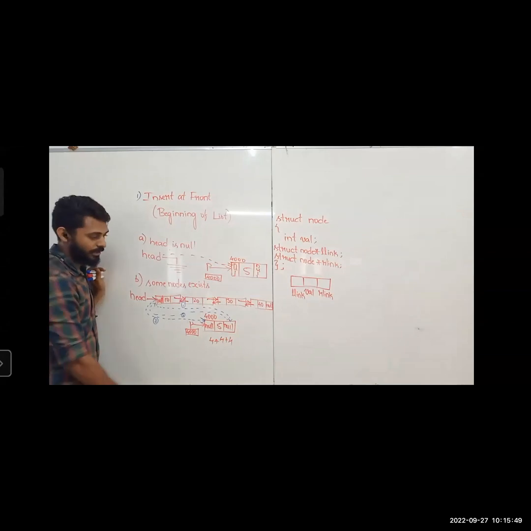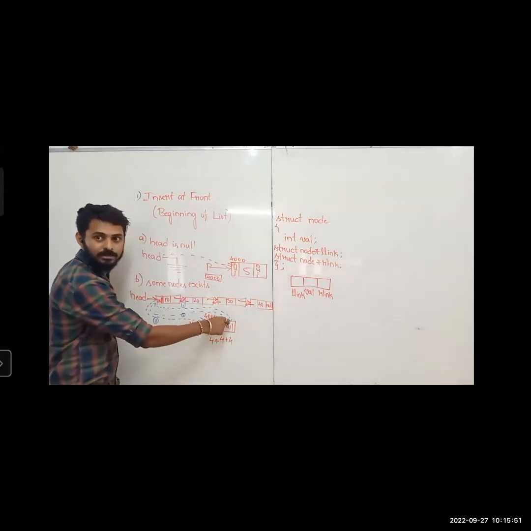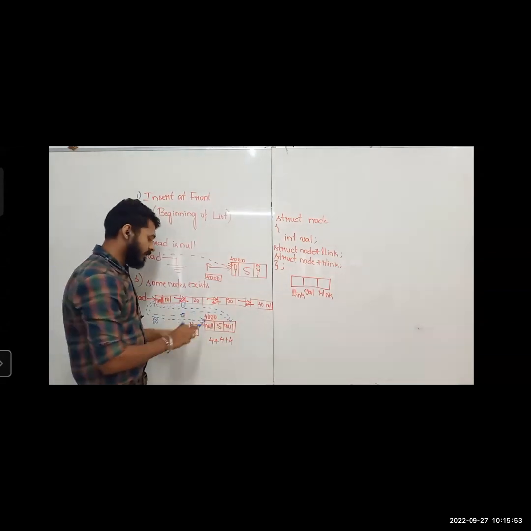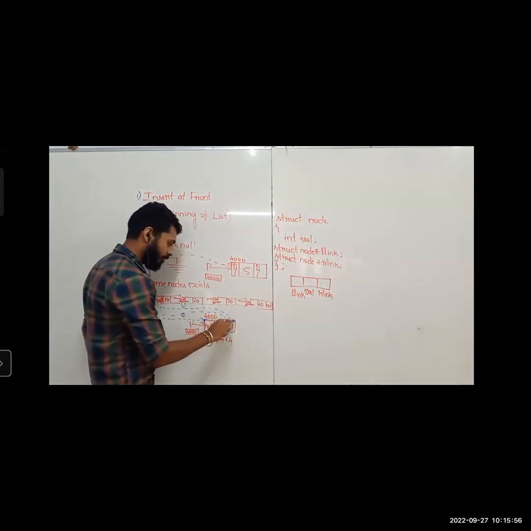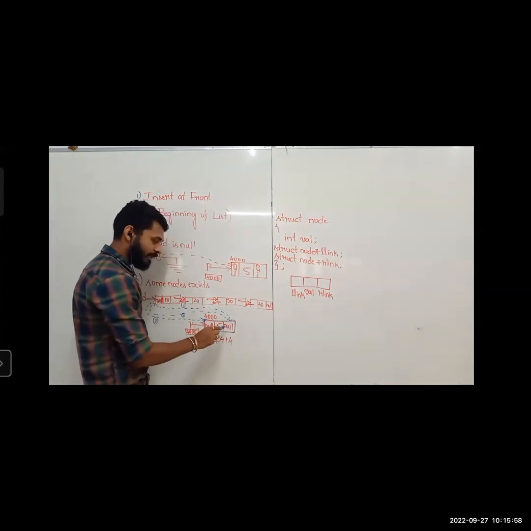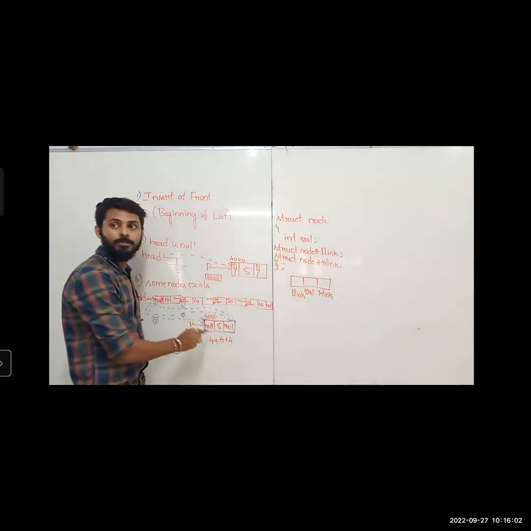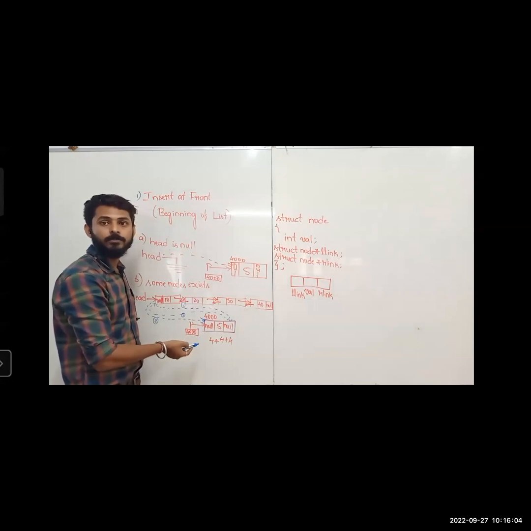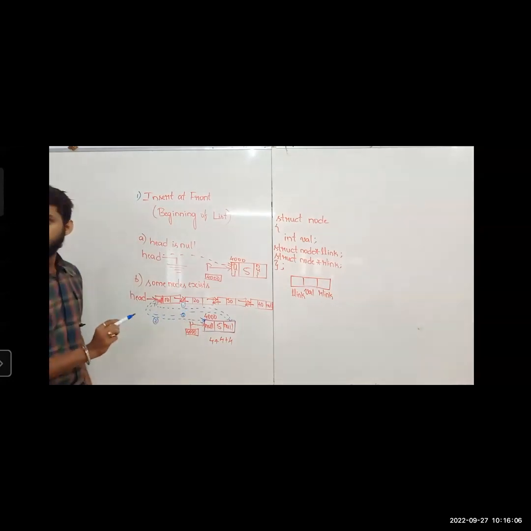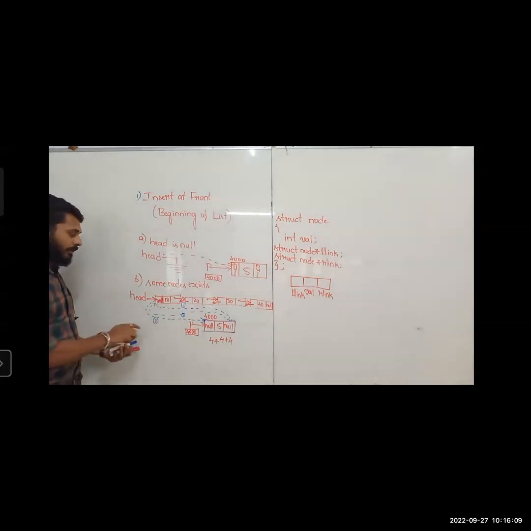I told you, it is not pointing inside this. It is pointing to this complete block. Whenever I say pointer, it is not pointing to this location. It is pointing to the complete block. What do you mean by complete block? P. Getting it?